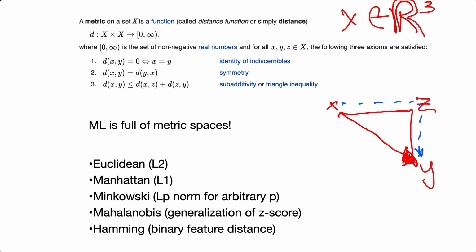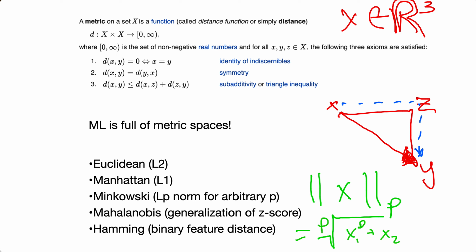If I just force myself to write it, I can actually see it. So the p norm of some vector x is the pth root of x1 to the pth power plus x2 to the pth power plus, and so on. All right, that was a digression as my brain locked up from a lack of caffeine.